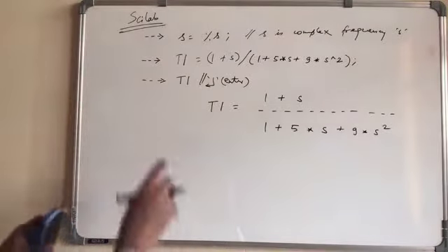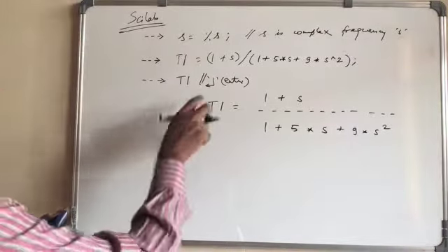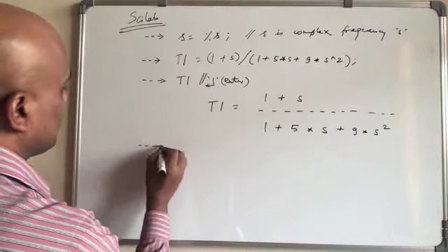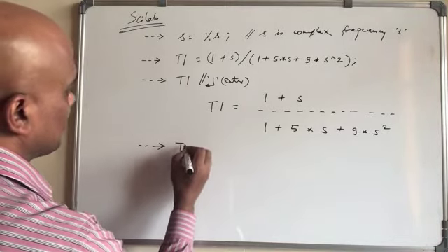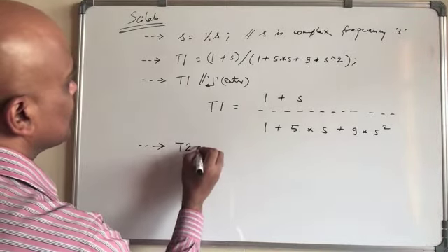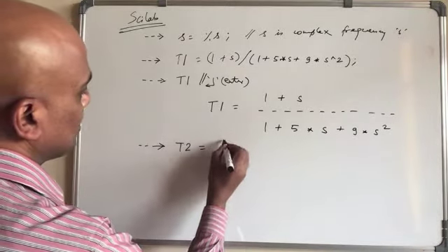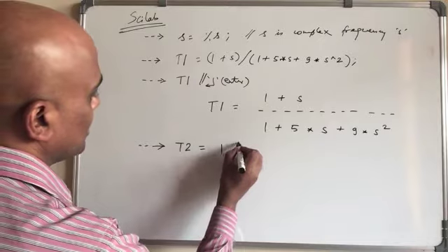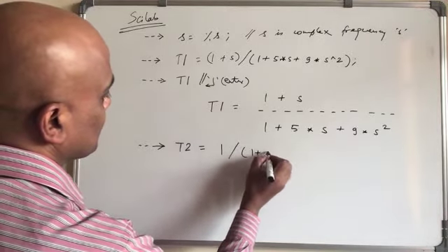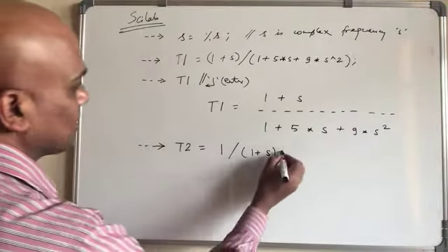Okay. Now similarly you can have T2, right? So you can write T2 is equal to, let us say, 1 divided by 1 plus s. You can write like that.